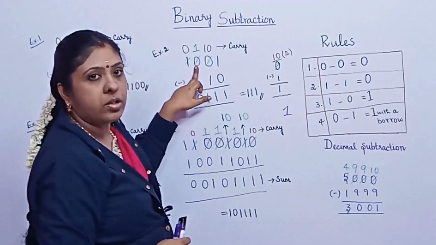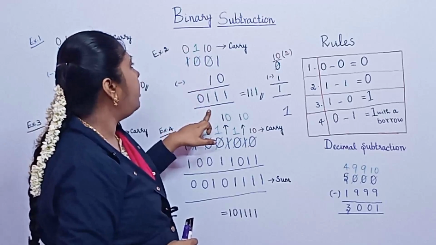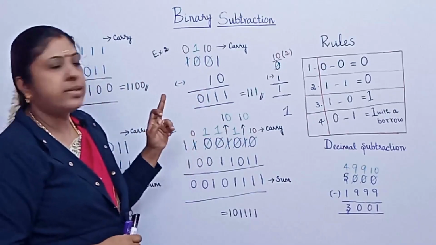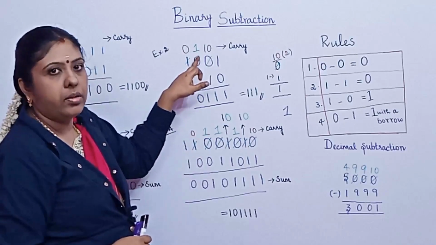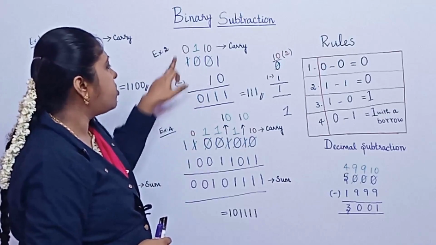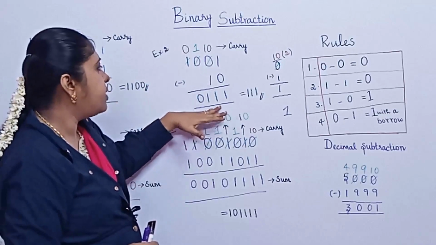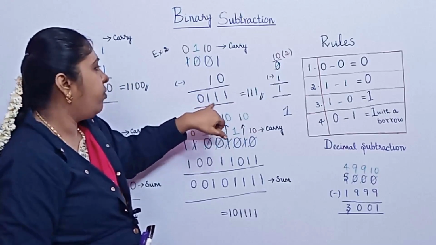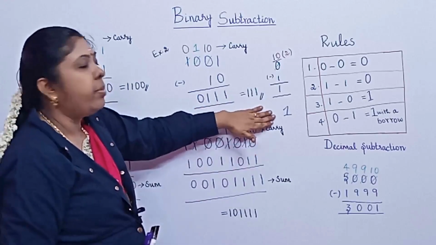And this passing 0 turns to 1. So 1 is represented here. All the passing zeros are represented in green color. You can understand. And then this first 1 turns to 0. So the value is 0111. Discarding this initial 0, it can be written as 111.